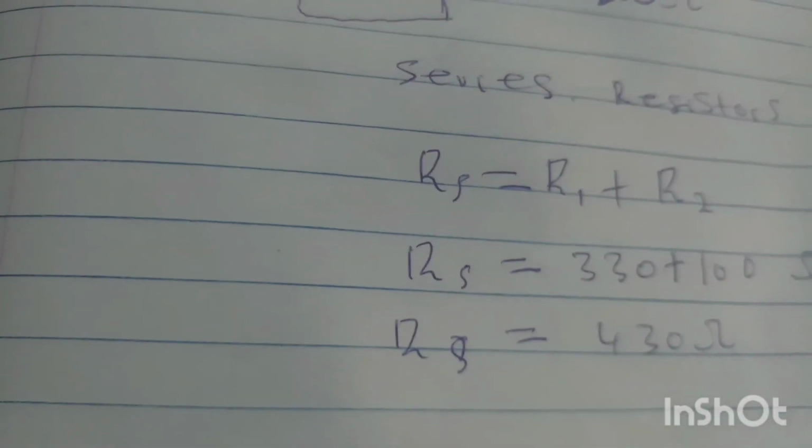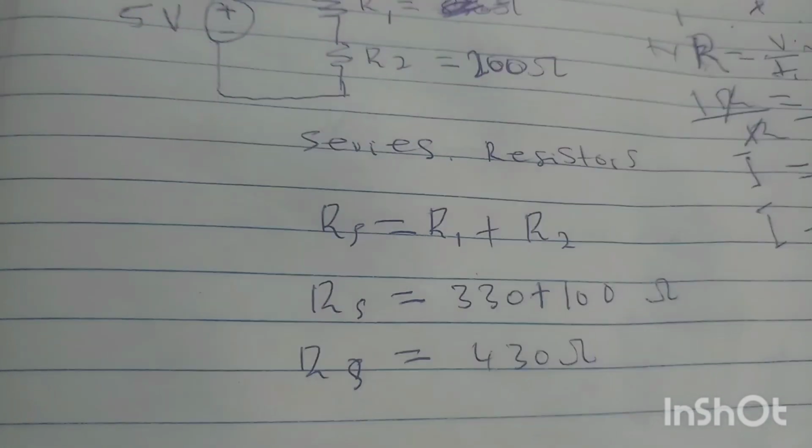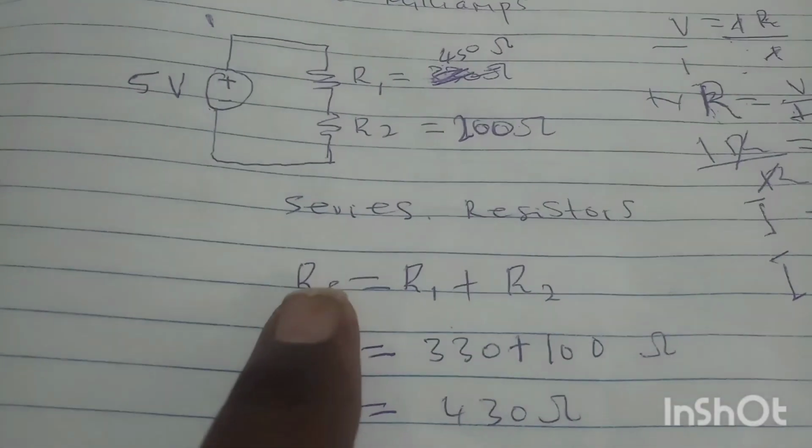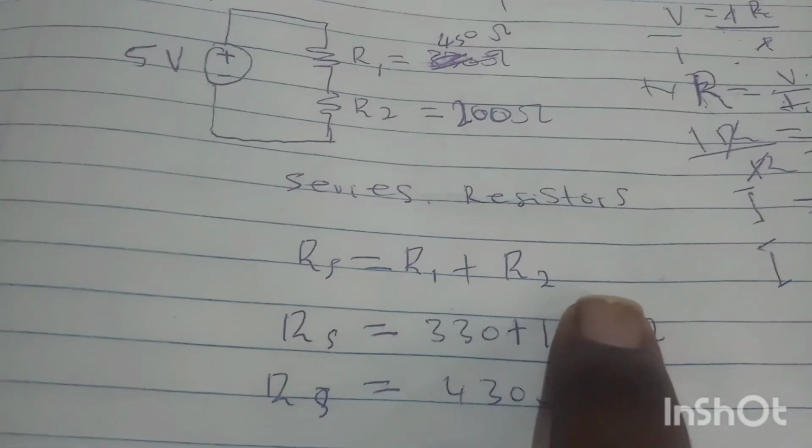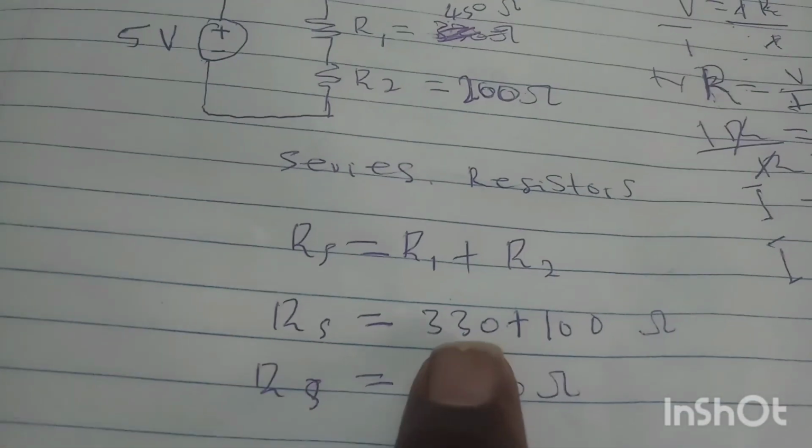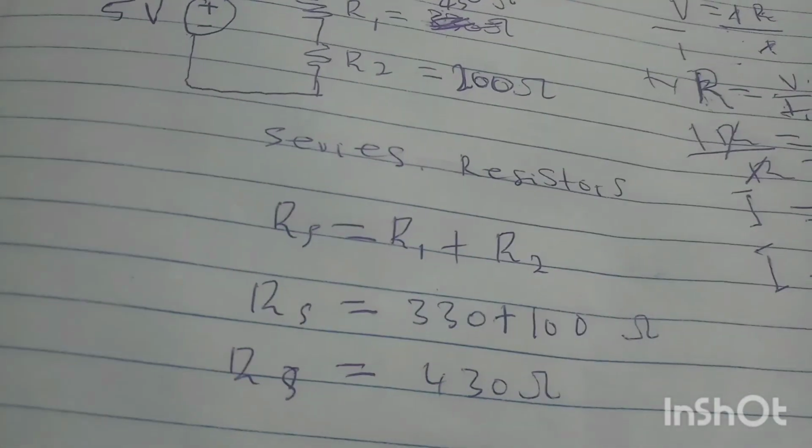Okay, and I've done some maths here, so I'm trying to show you circuit analysis, guys. You gotta see this. Resistance R1 plus R2, series resistor, I've written there. That means it's going to give you total resistance. I used the right one, 330, but I don't have this.